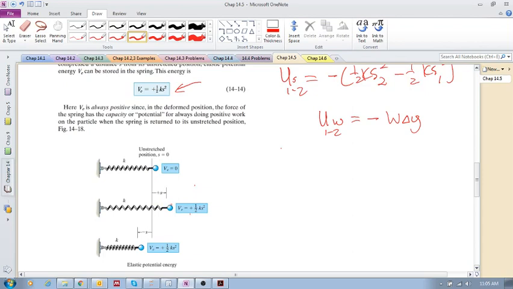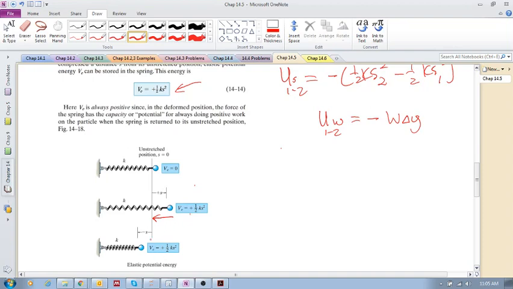If we stretch the spring by plus s, then the potential energy is plus half ks squared, meaning we have stored energy now in the spring, which can then be used by the spring force to do positive work to bring this back to the datum.